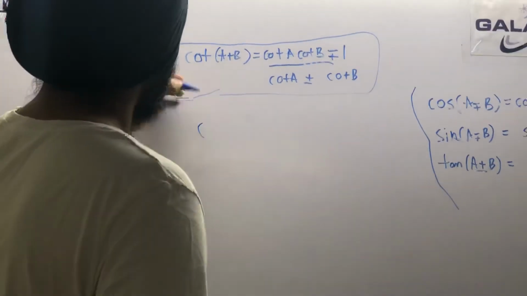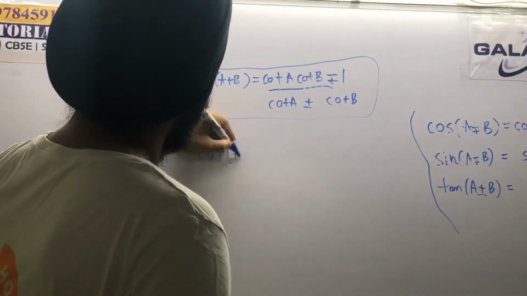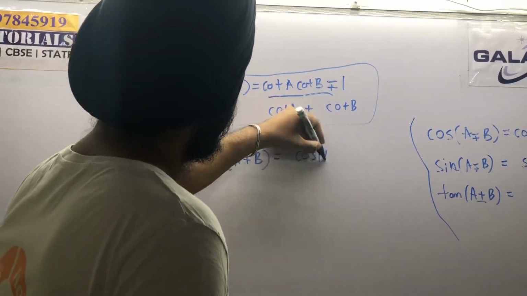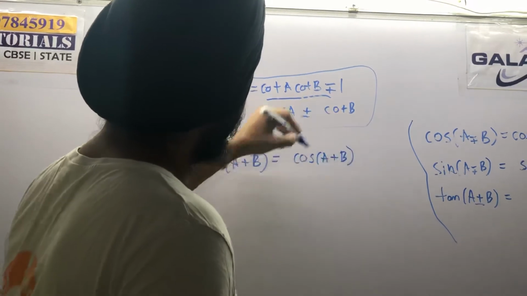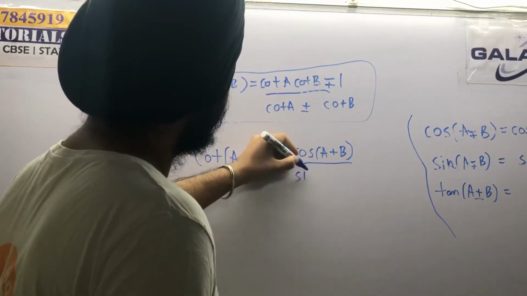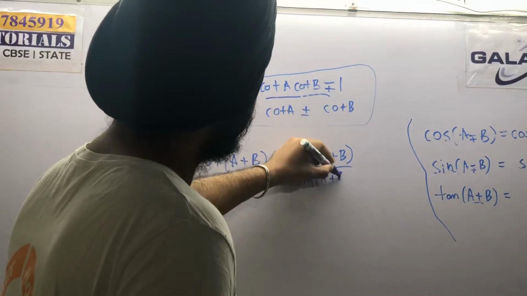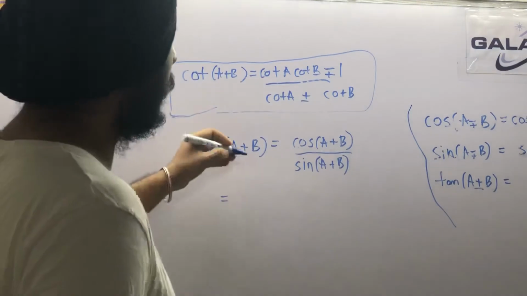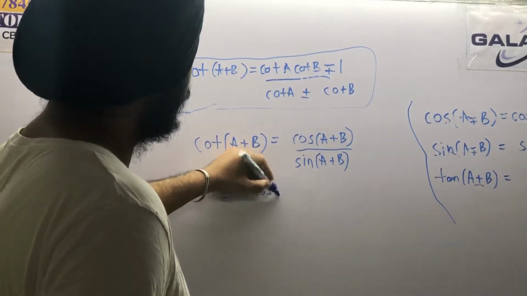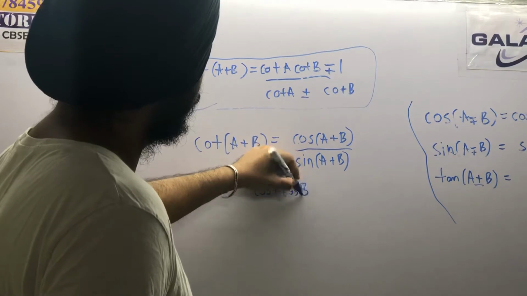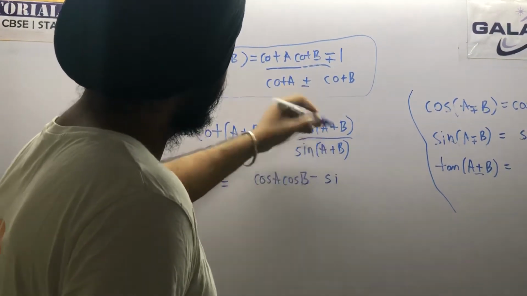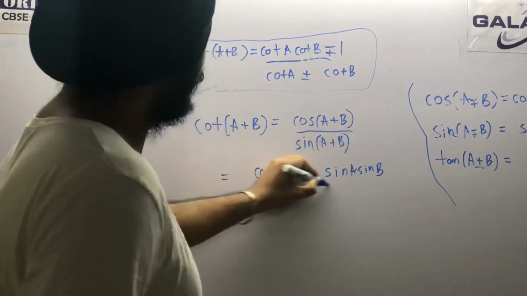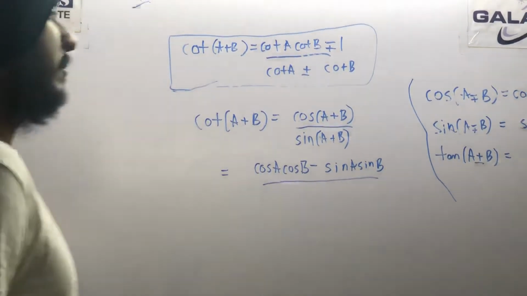So what is cot? Cot A plus B will be cos A plus B upon sin A plus B. Now just substitute the value of cos A plus B. Cos A plus B is cos A cos B minus sin A sin B, upon sin A plus B. Sin A plus B is how much?